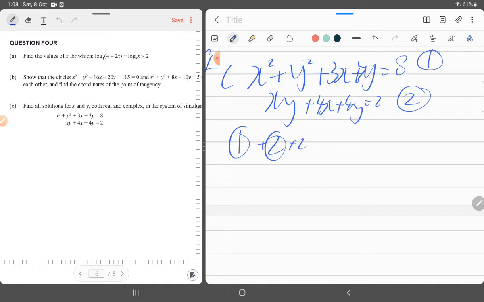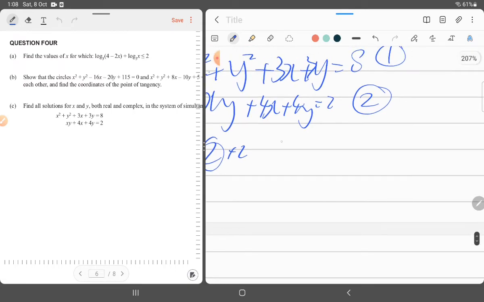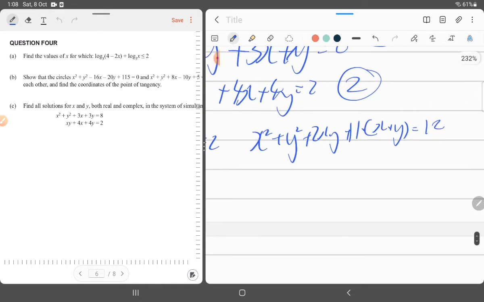I think we just do this, which creates x squared plus y squared plus 2xy plus 11x plus y equals 12, I believe.